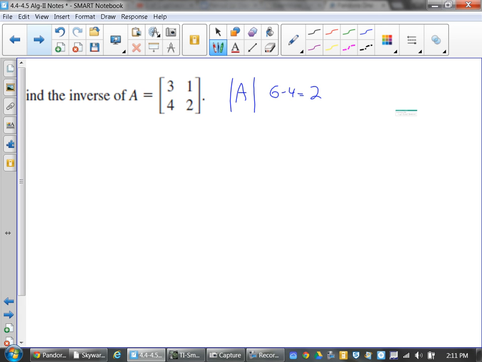So the rule to find the inverse of a matrix: first thing we do is take 1 over the determinant of the original matrix. So we found the determinant, and we take 1 over that.